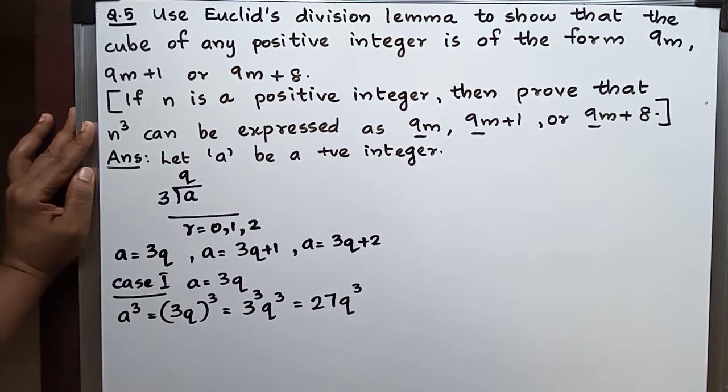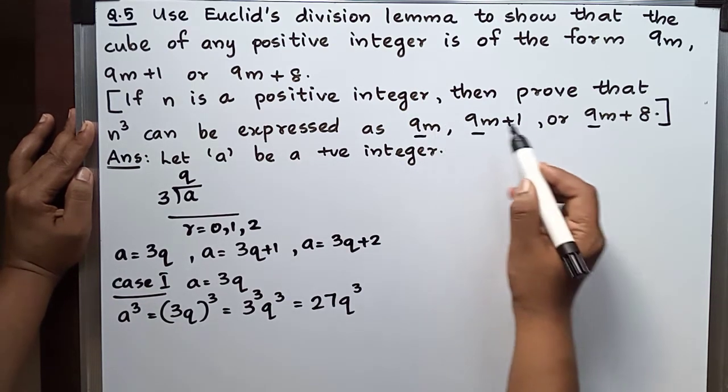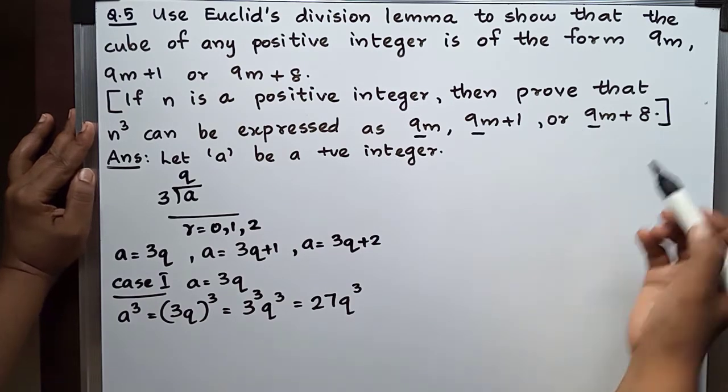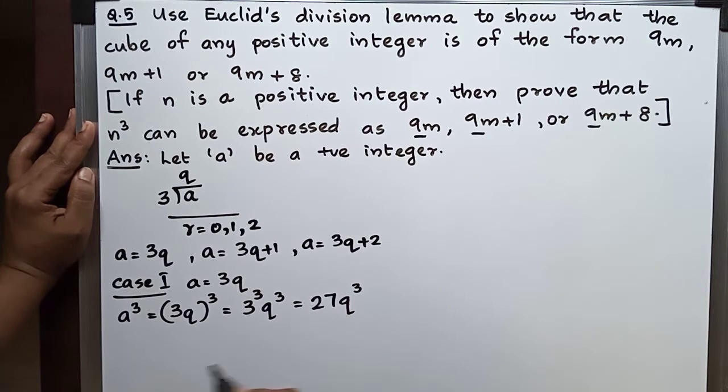So we got 27 q cube. Actually what we have to prove is the form 9m or 9m plus 1 or 9m plus 8. That means we have to take a 9 outside from here. So 9 into what? 9 into 3 we will get 27. So this is same as 9 into 3q cube.